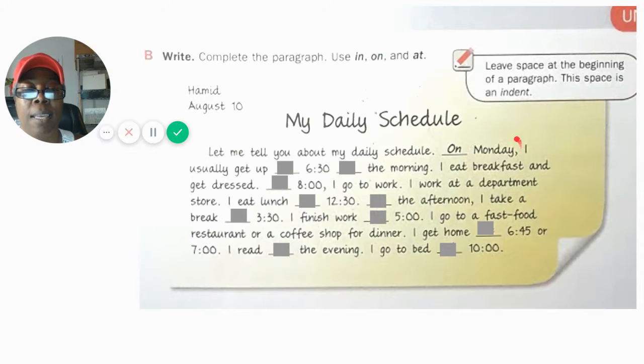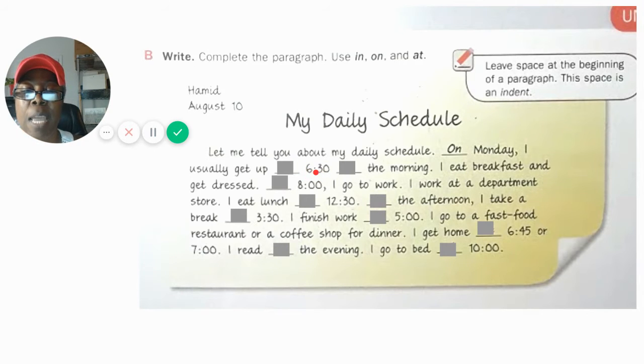On Monday, we use on with Monday because Monday is the day of the week, and with days of the week, we use on. On Monday, I usually get up blank 6:30 blank the morning. So what should go here? 6:30 is a specific time.